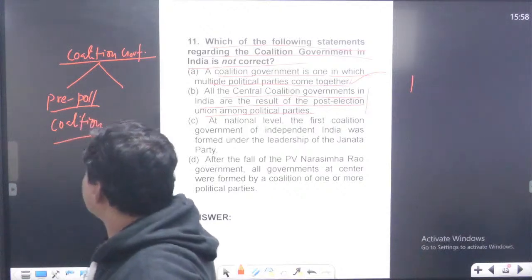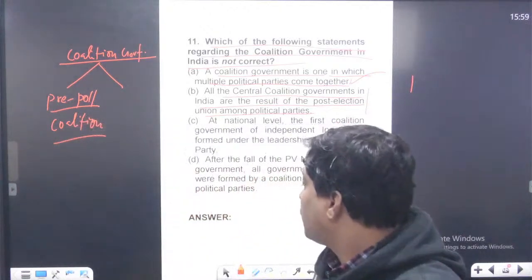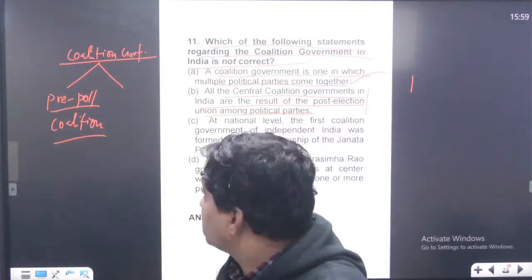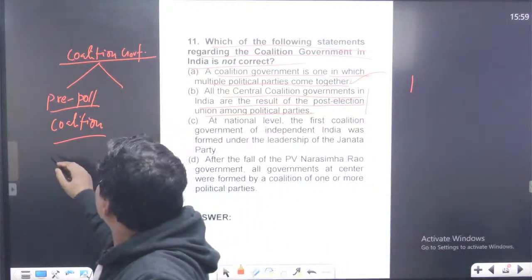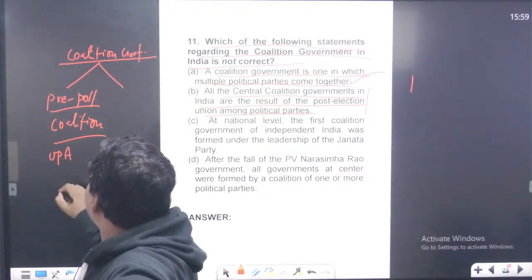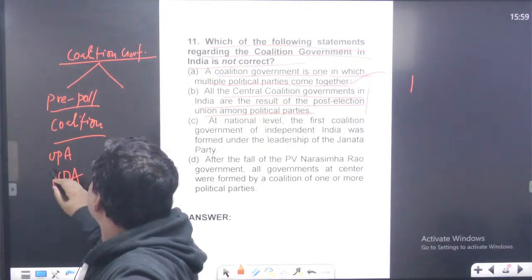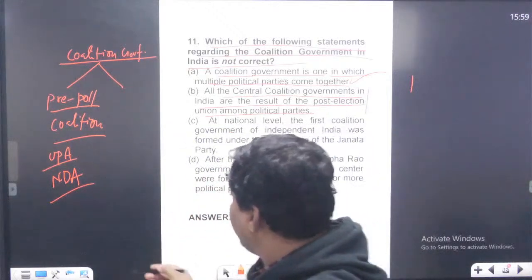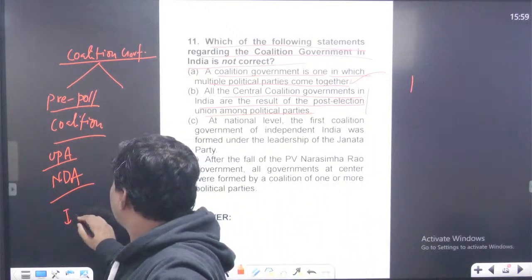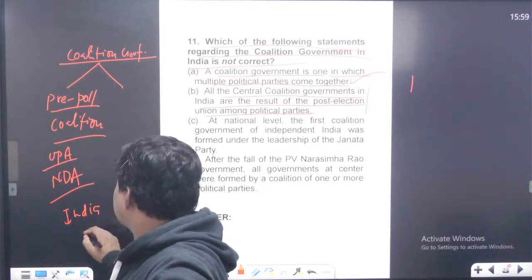A pre-poll coalition is a coalition formed before the election. For example, UPA or NDA. This coalition was formed just before the election. Now look at India. How you have INDIA Alliance.